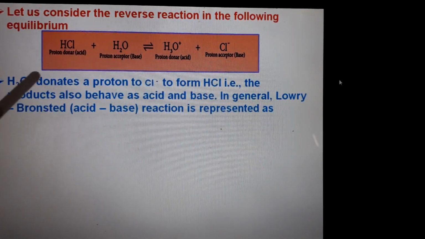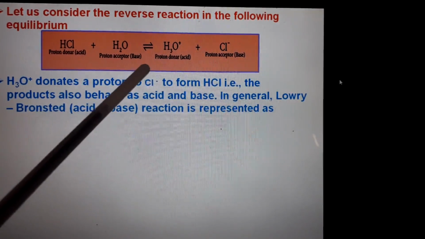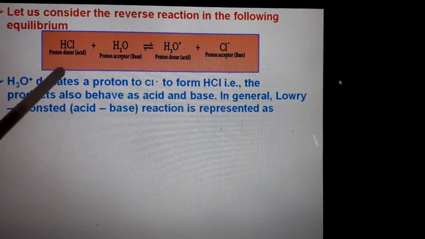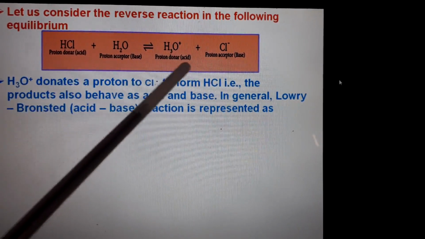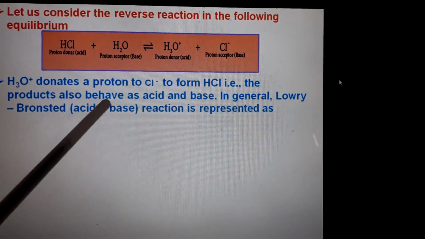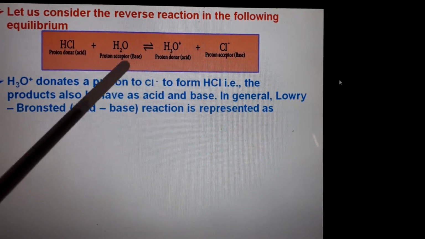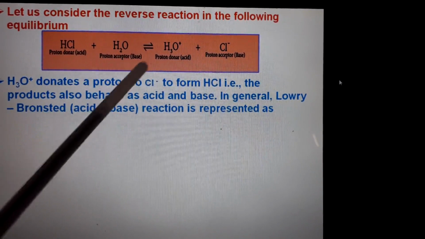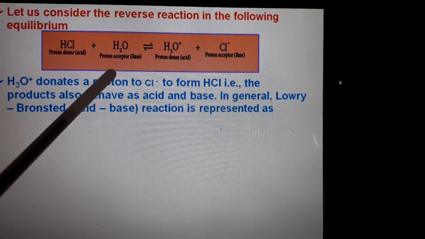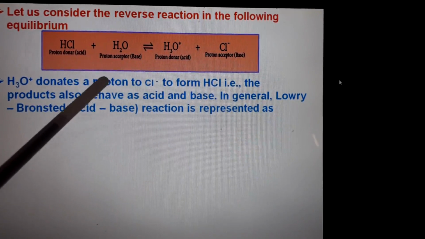The H3O plus donates a proton to Cl minus to form HCl. The products also behave as acid and base. In general, in this equation, H3O plus donates a proton to Cl minus.